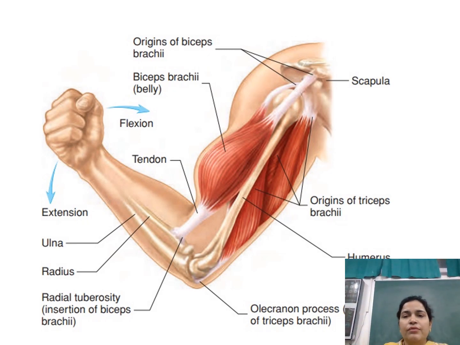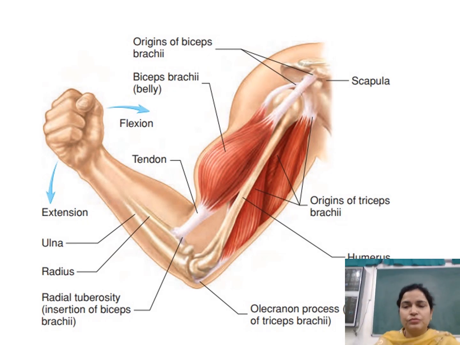Here again we can describe this. Suppose this is the scapula and this is the upper extremity. Everyone knows this is the biceps brachii muscle, and then there is the triceps brachii muscle.